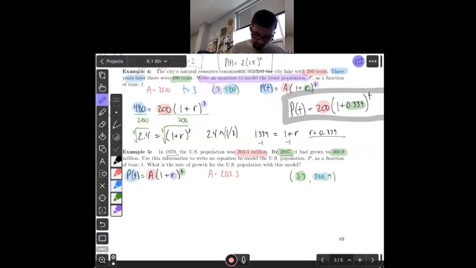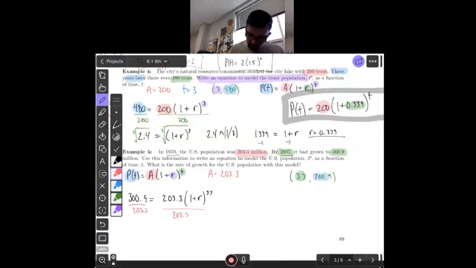So 300.9 equals 203.3 times 1 plus R, all to the 37th power. So I want to solve for R. I want to get rid of multiplication first, so divide by 203.3.